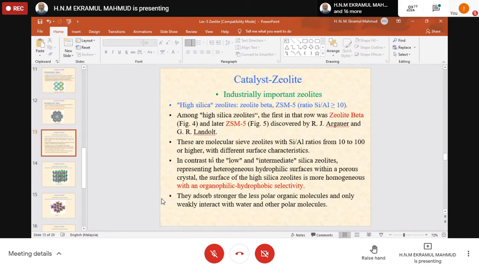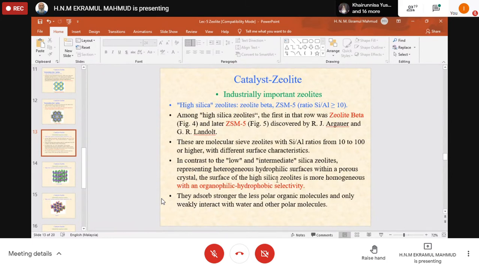So in contrast to the low and intermediate silica zeolites, this is high content zeolite representing heterogeneous hydrophilic surfaces, water-loving surfaces within a porous crystal.